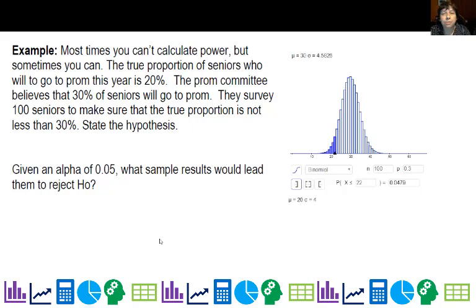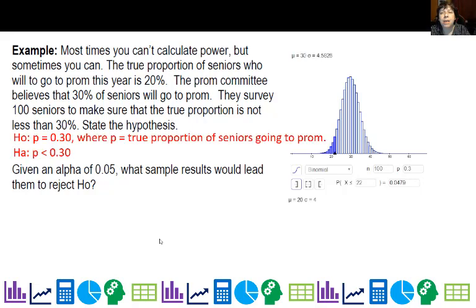So our null is, what is the prom committee assuming? They're assuming 30%. They're worried that it might be less than 30%. That's your alternate. So this is what they think the population looks like, all right? And what value, if they sampled, in this case, they did 100 seniors, how low a value must they get to say, oh, this isn't really true?